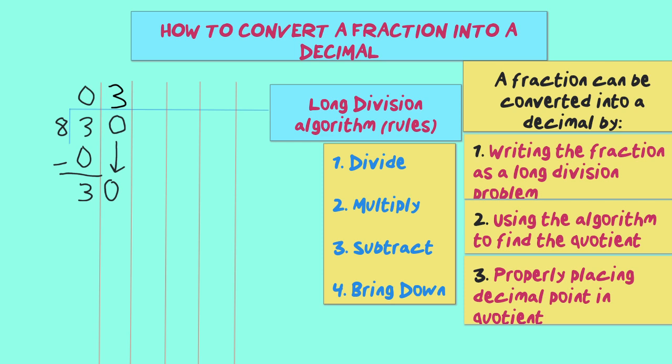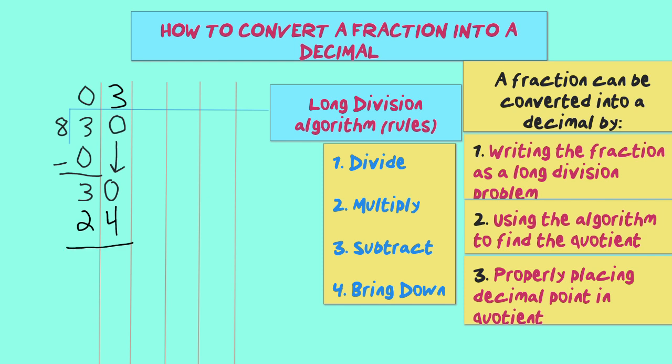And so now we're on step 2 again. We multiply 8 times 3. What is 8 times 3? 8 times 3 is 24. And so here we have 24.